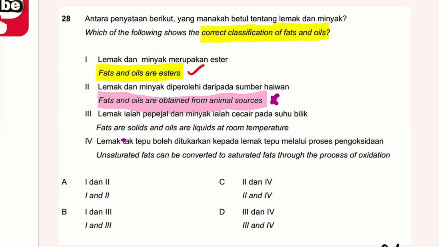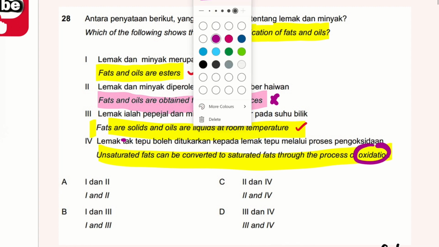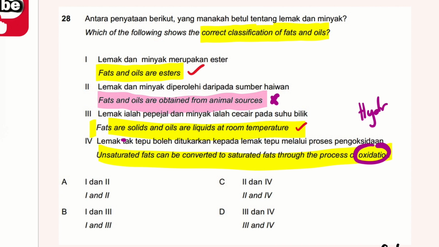Fats are solid and oils are liquid at room temperature, so this point is correct. Okay, and we check the last one. Unsaturated fat can be converted into saturated fat through the oxidation process. This is wrong. We use the hydrogenation process. So the answer will be 1 and 3, so the answer will be B.